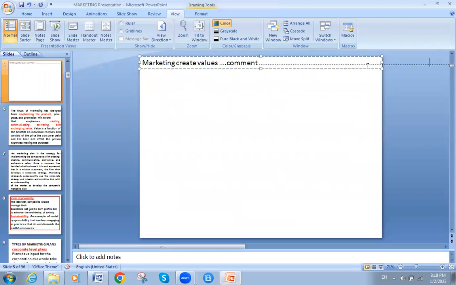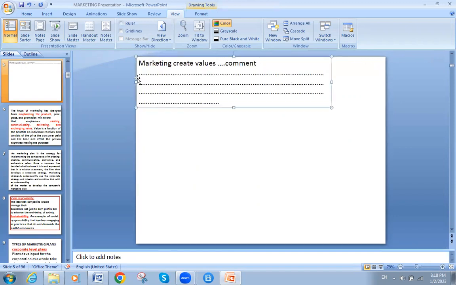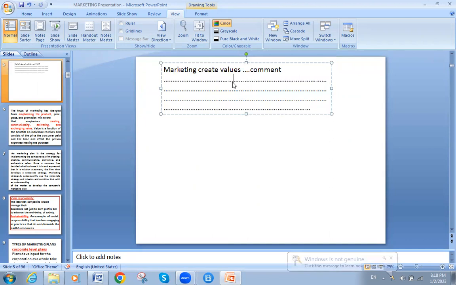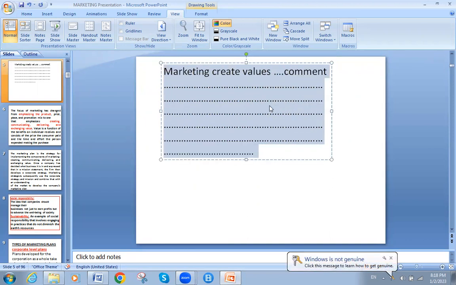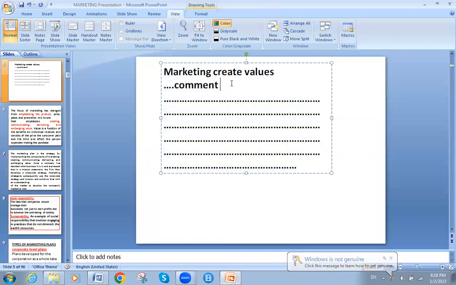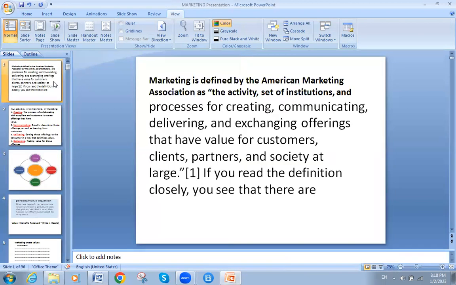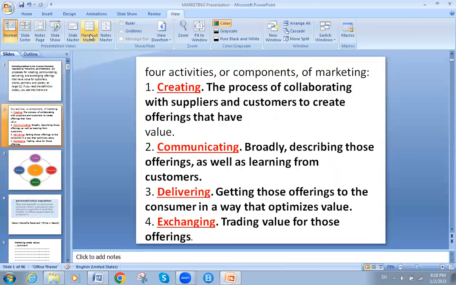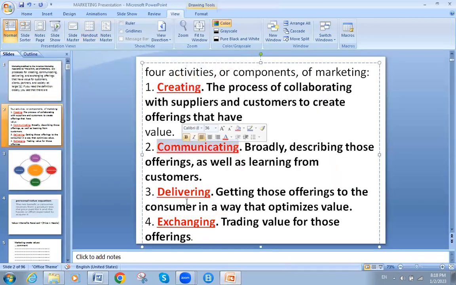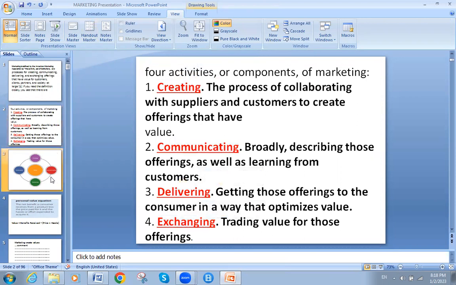I will repeat what we came to know about creating value. Here is your question: marketing creates values, comment. Let me repeat this part with you. We said that creating, communicating, delivering, and exchanging are the four values which marketing gets.